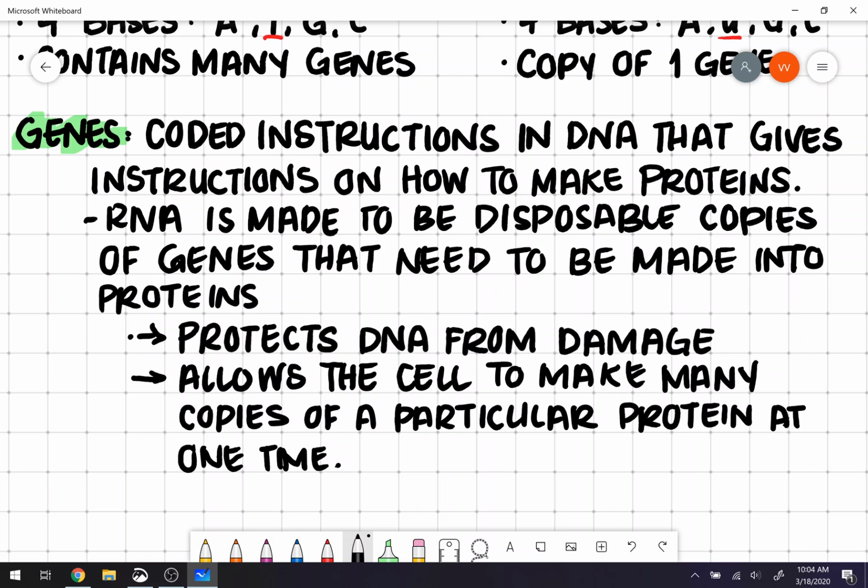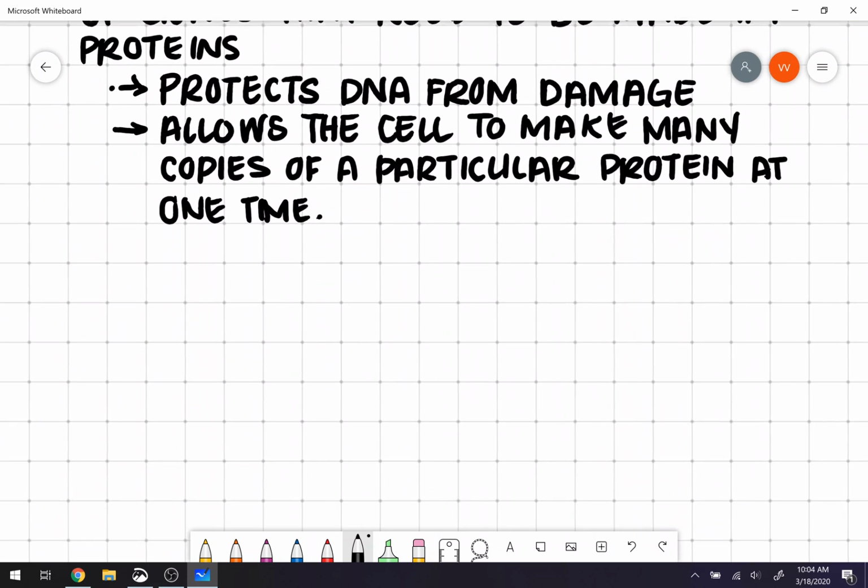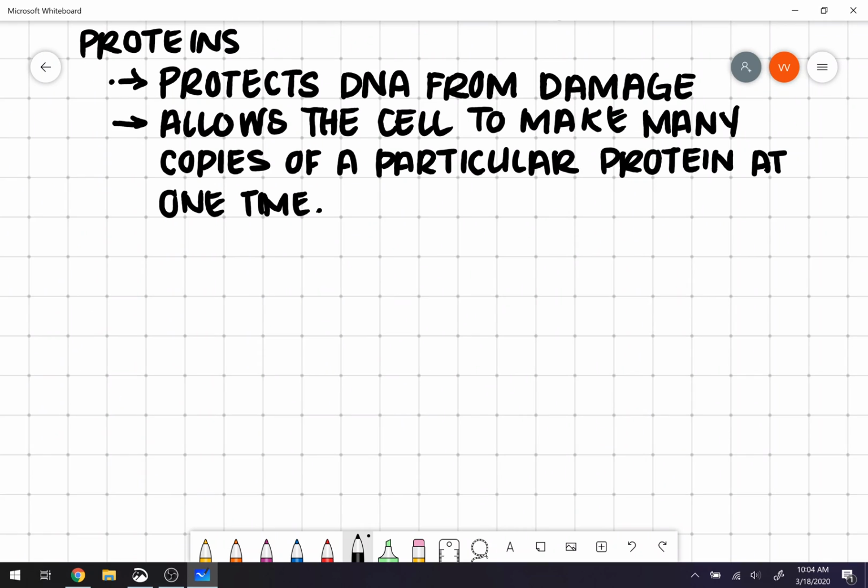Okay. So there are benefits to using RNA instead of using the genes and the DNA directly from inside of your nucleus. Now, the process of making RNA from your genes is called transcription.